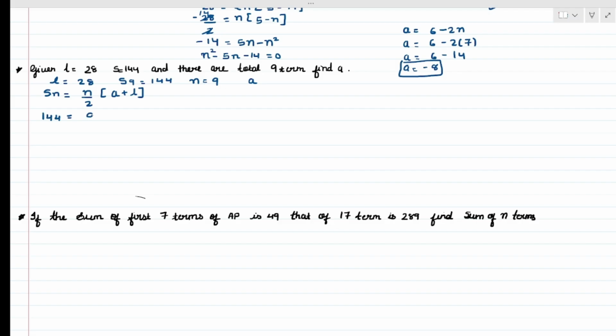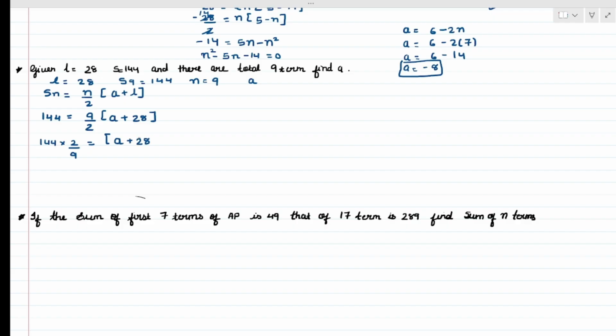So 144 will be equal to 9 upon 2 times (A plus L), where L is 28. The 9 upon 2 is in multiplication, so it goes over there as a reciprocal: 144 multiplied by 2 upon 9 equals A plus 28.